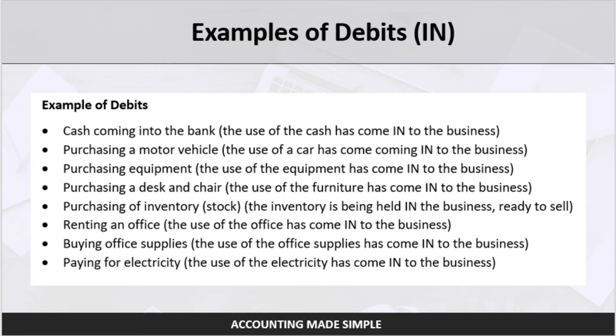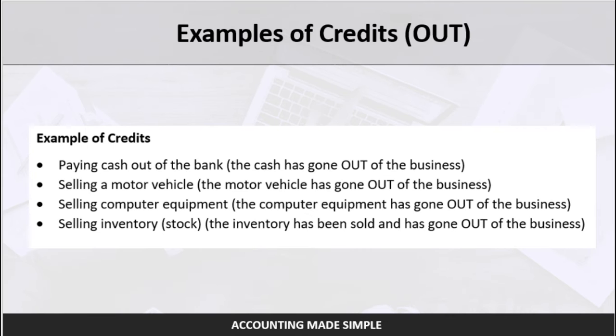Purchasing of inventory or stock. The inventory is being held in the business, ready to sell. Renting an office. The use of the office has come into the business. Buying office supplies. The use of the office supplies has come into the business. And paying for electricity. The use of the electricity has come into the business.